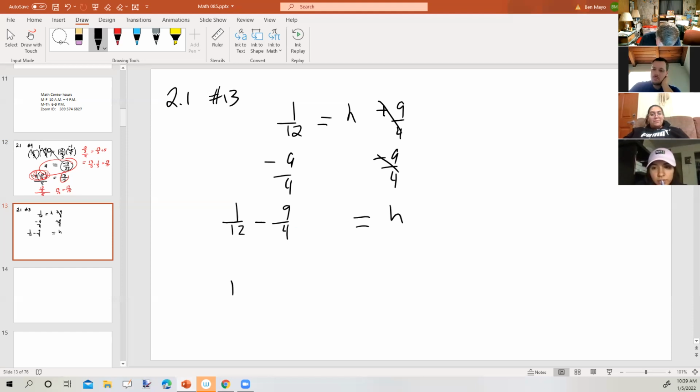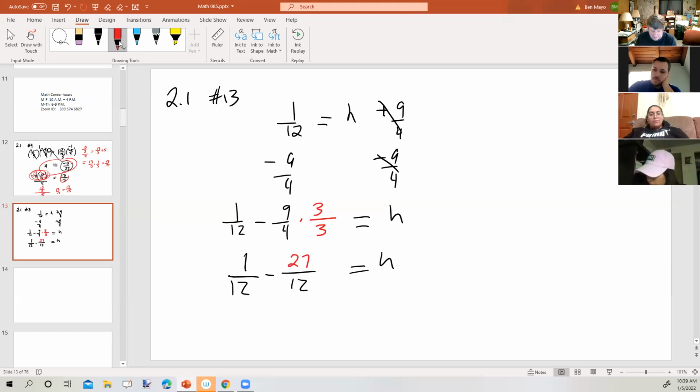Nope. Okay. So we're going to get that. Well, 1/12 stays 1/12. 9/4 will multiply the denominator by 3 so that the new denominator is 12, which means we have to multiply the numerator by 3. The new numerator is 27.